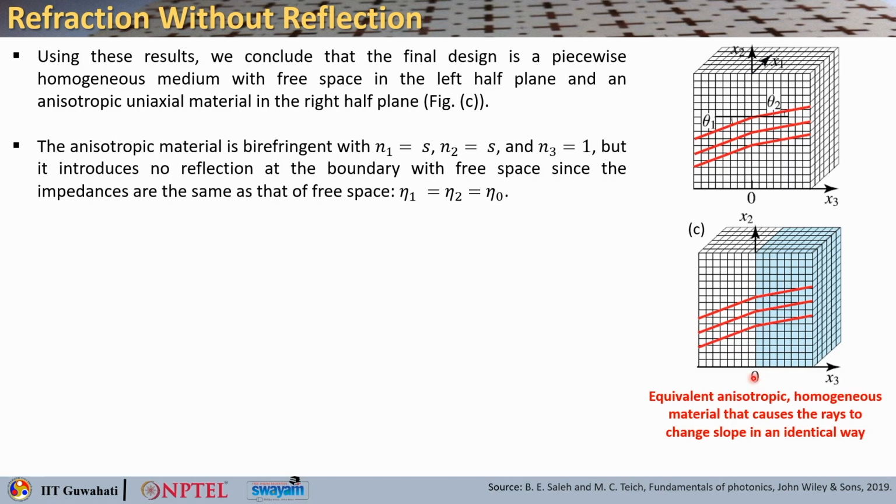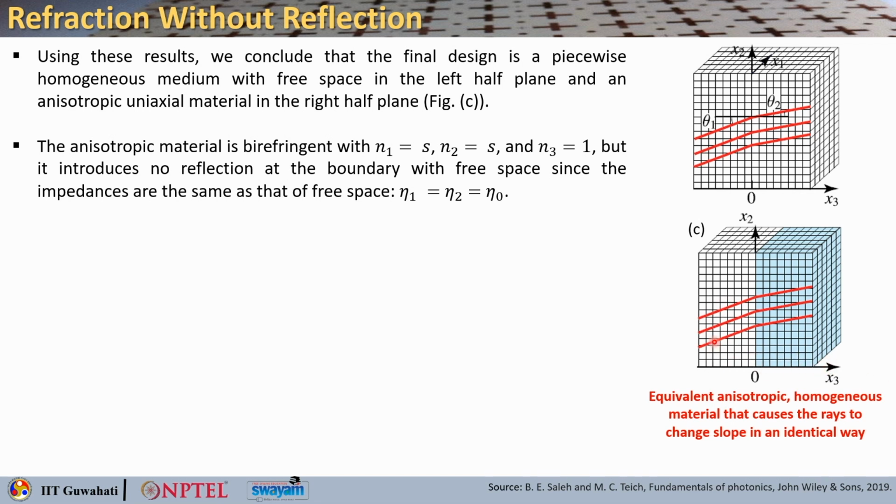We have seen that N1, that is the refractive index along the x1 direction, is S, N2 is also S, and N3, that is along this one, is basically 1. So in this direction also the refractive index is 1, and in this direction it is again refractive index of 1.